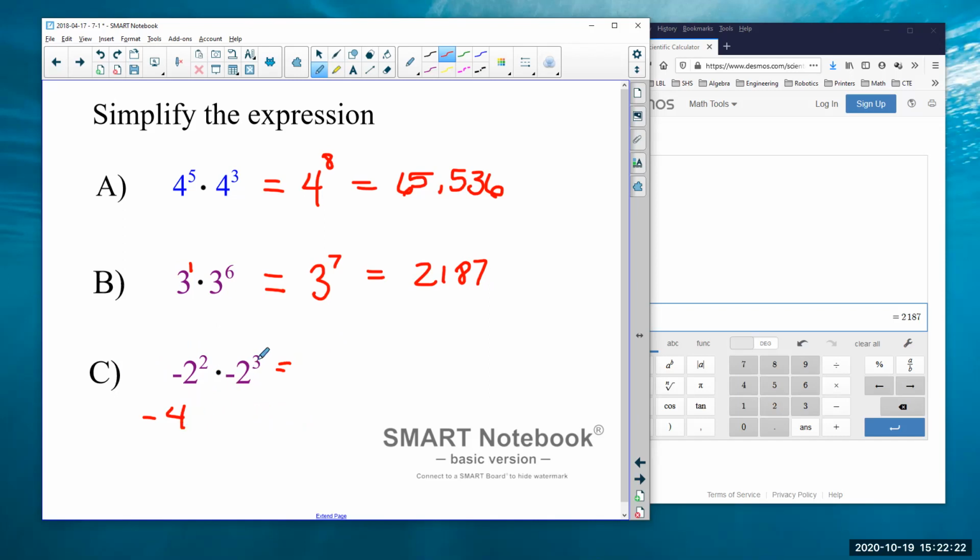I'm sorry, I did that wrong. 2 times 2 times 2 is 8, and the opposite of 8 is going to be negative 8. So this is times negative 8. I almost messed that one up. All right, and so when we multiply, negative times negative gives me a positive. 8 times 4 is 32. So in this case, we get 32.